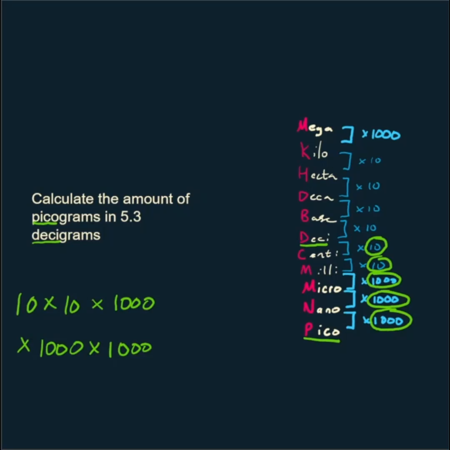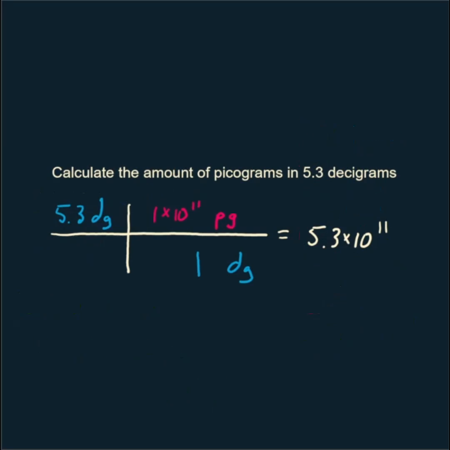So we'll do 10 times 10 times 1,000 times 1,000 times 1,000, which gets us this value. Other than this, the rest of the steps are the same. By the end of it, the answer you should be getting is 5.3 times 10 to the 11 in the units of picograms.